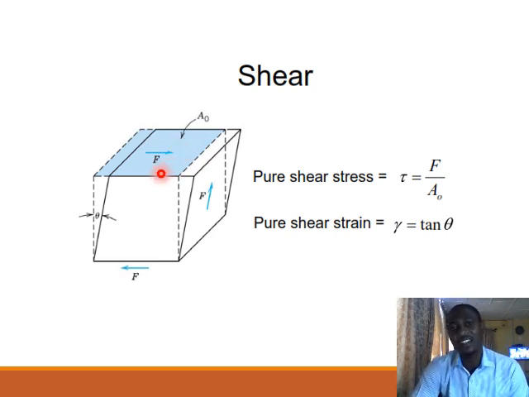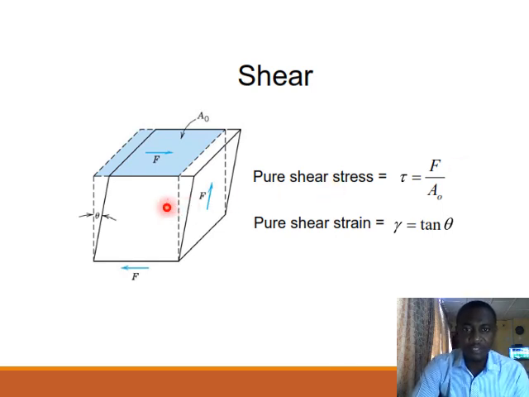Here you see that the applied force is parallel to the surface. Once the applied force is parallel to the surface, you will have a shear stress, and that shear stress is the magnitude of that force divided by the original area. You also get a stress with a unit of Newton per meter square, which is also known as Pascal, and this can be in the magnitude of megapascal, gigapascal, and the like.